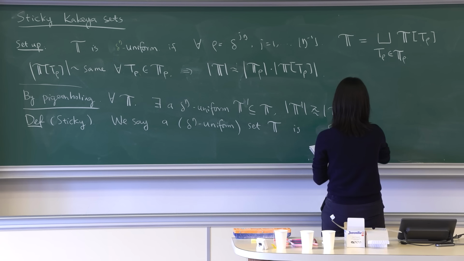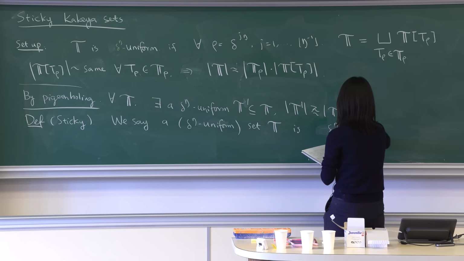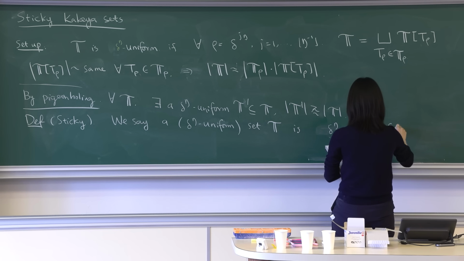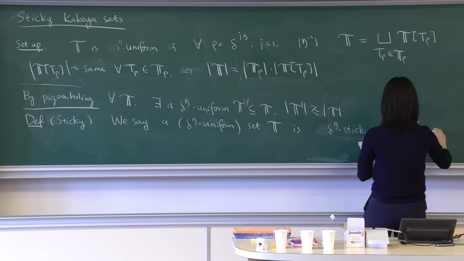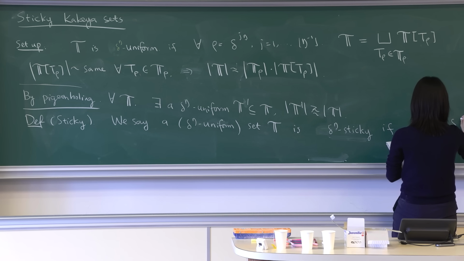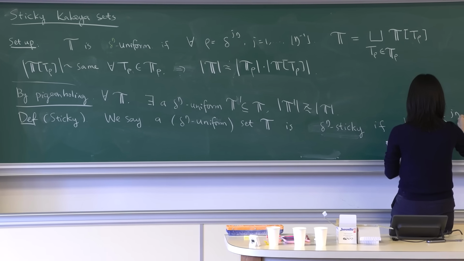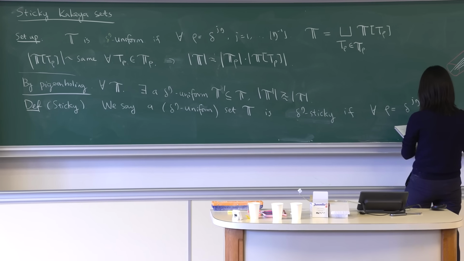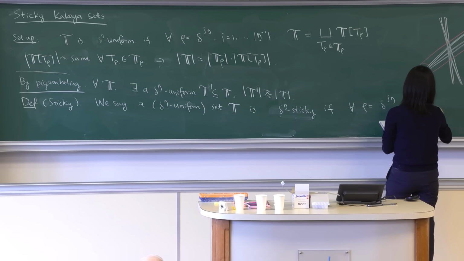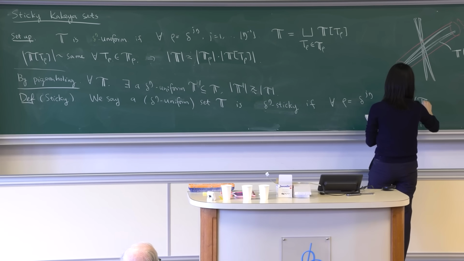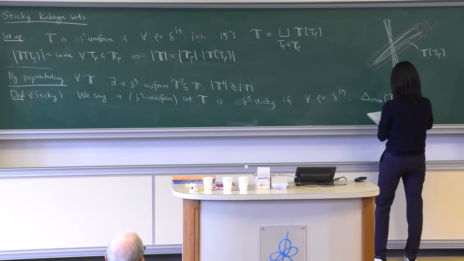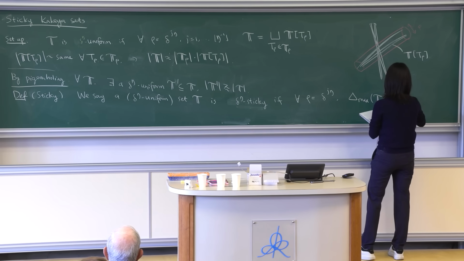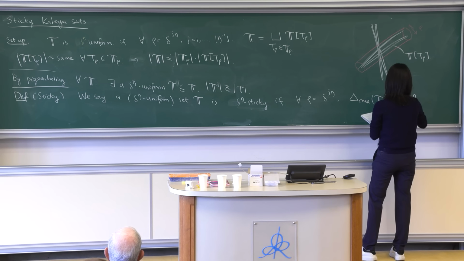What this really means is that it satisfies the Katz-Wolff axiom at all scales: for any rho equal to delta to the j eta, for all the j's here, the maximal density of T rho, where T rho is defined as such, is less than delta to the minus eta.